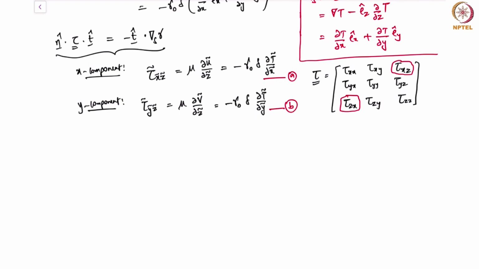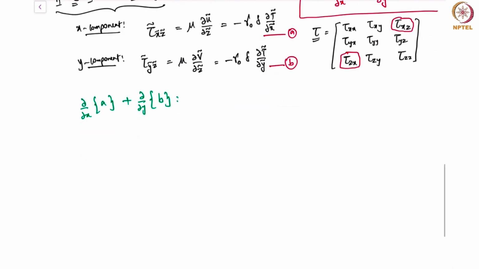So let's take del by del x of equation A, and then we add it to del by del y of equation B. Okay, if we do this, what do we get? Del by del x, that is mu times del by del z of del u by del x plus del v by del y.